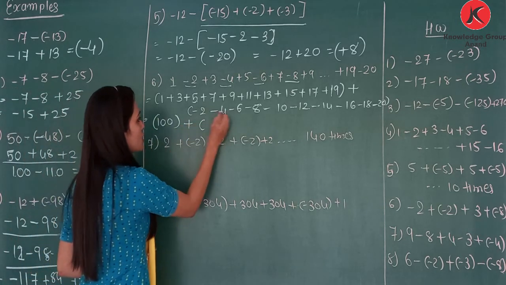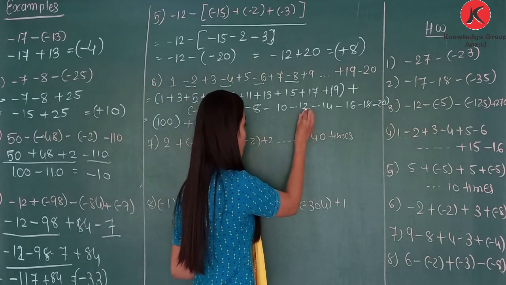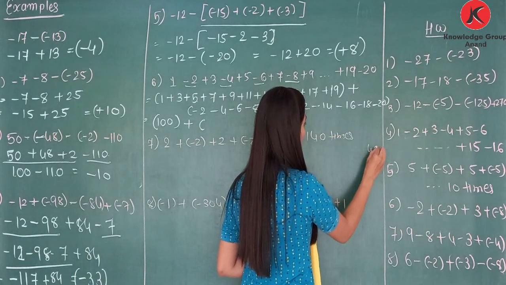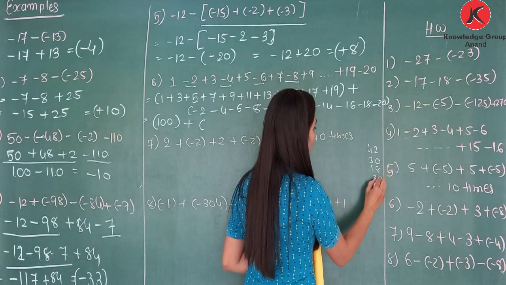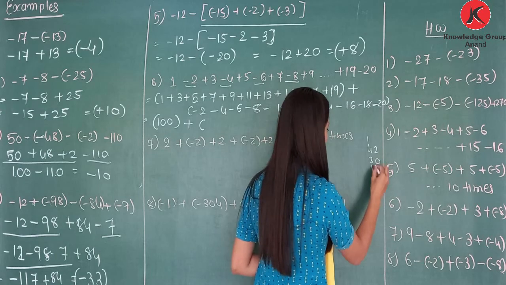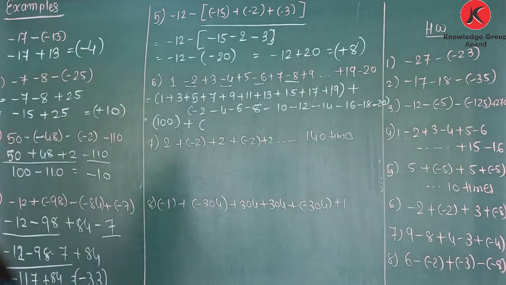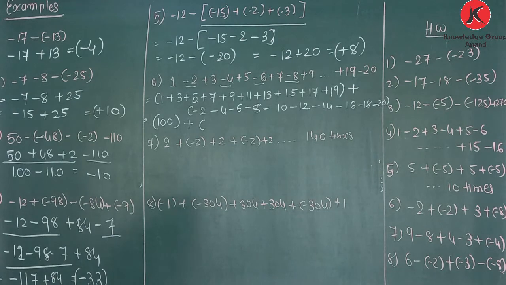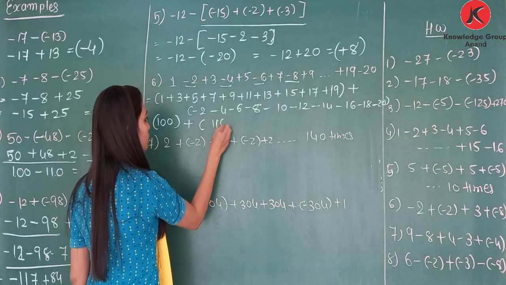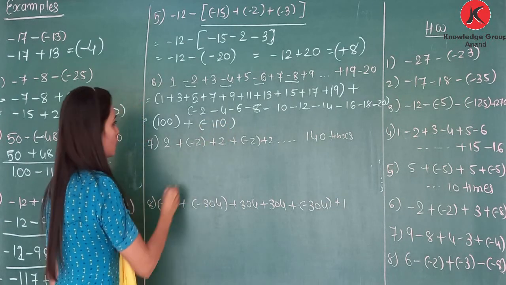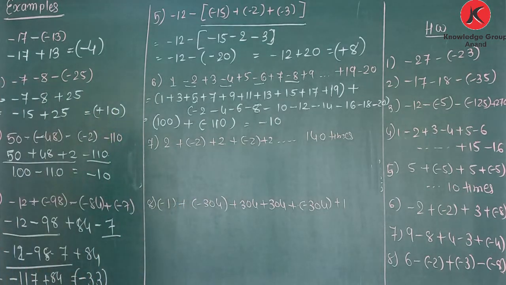Then 2 plus 4, 6 plus 6, 12 plus 8, 20, 30, 42, 56, 72, 90, 110. So we get 100 here, and it is 110 but negative. One positive, one negative, so the answer is minus.